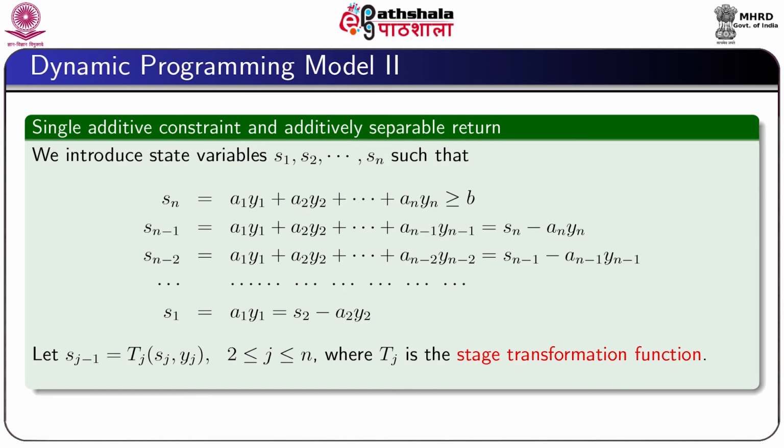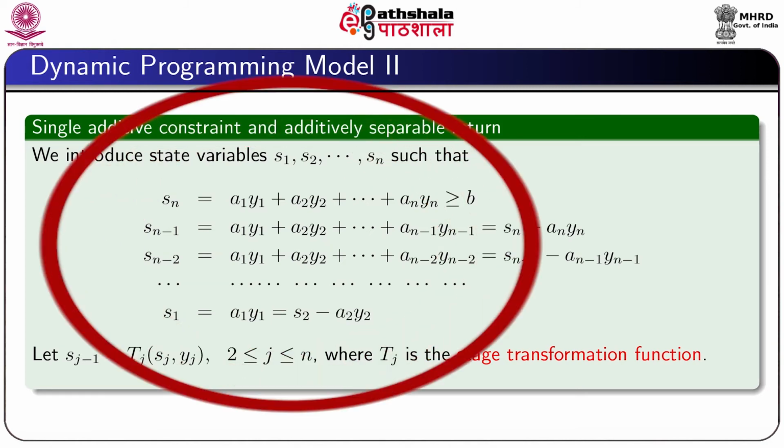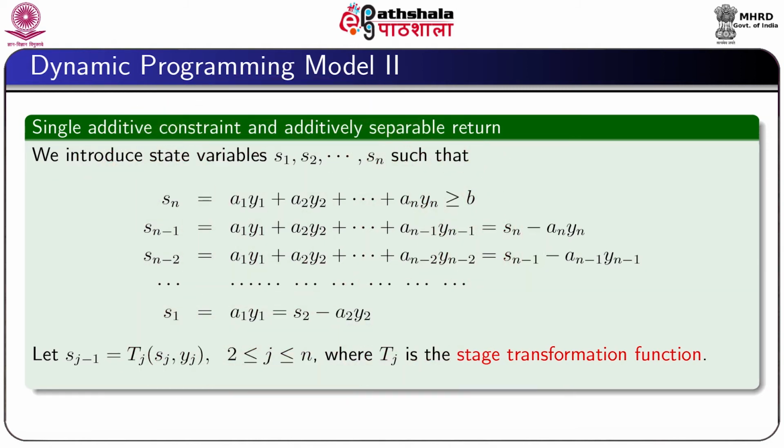We introduce state variables s1, s2 up to sn such that sn equal to a1 y1 plus a2 y2 plus dot dot dot an yn, which is greater than or equal to b. Sn minus 1 equal to a1 y1 plus a2 y2 plus dot dot dot plus an minus 1 yn minus 1, which is equal to sn minus an yn.